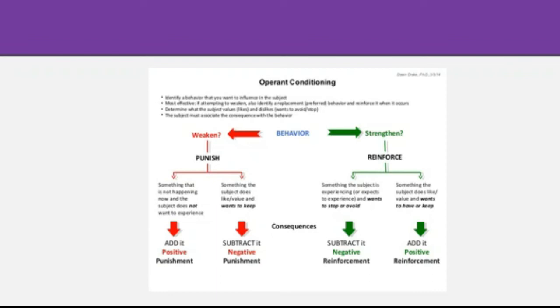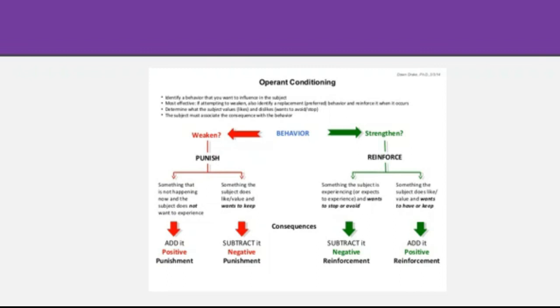Example, alimbawa ulit yun sa pagkain. Kanina, ay gusto mo ma-weaken yung pagiging picky ng isang baby. Ngayon naman, sa negative reinforcement, yung behavior niya na gusto mo siyang kumain lagi ng gulay.